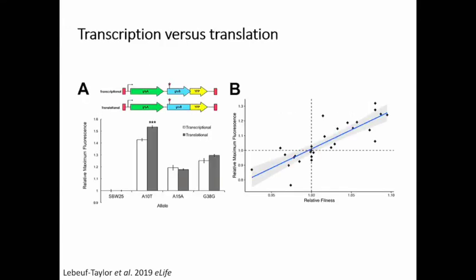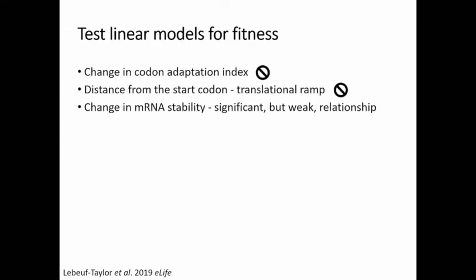Okay, the next step. Sorry, let me go back. These are mechanisms that we thought would be important for the transcription process, and we were trying to piece apart where the important expression differences might be coming from.